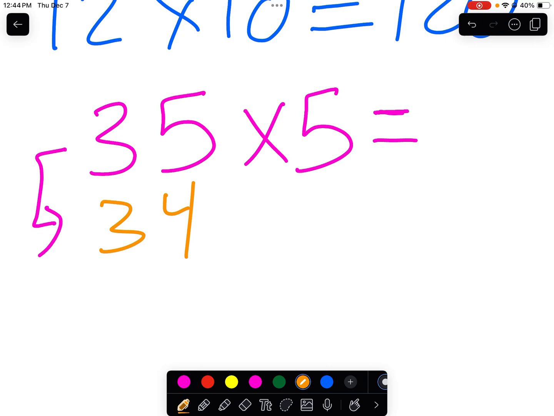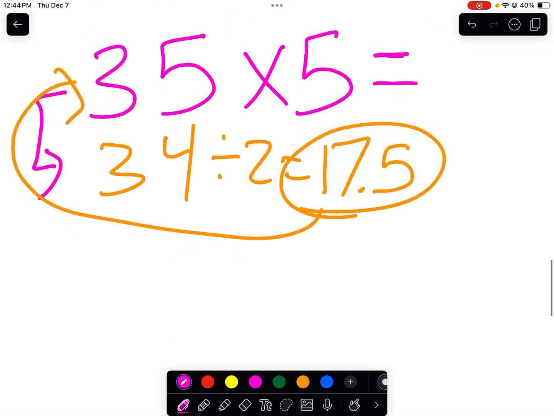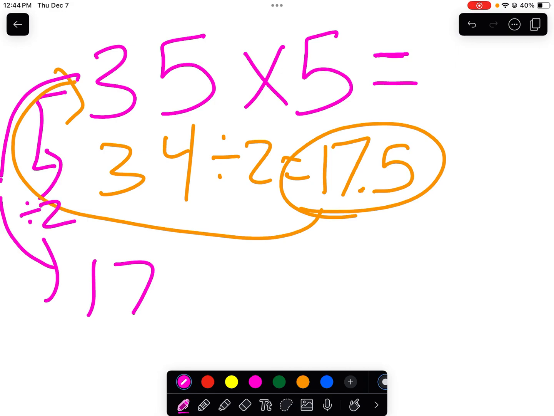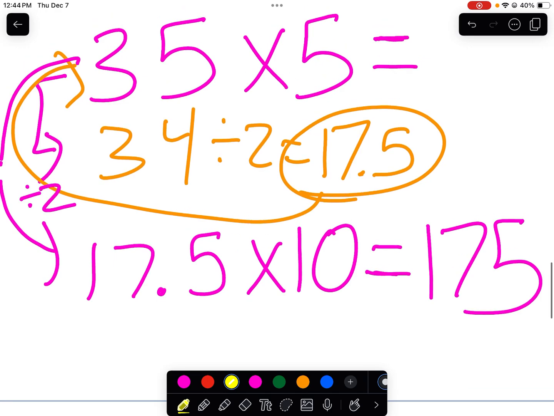Now, I happen to know that half of 34 is 17, but then I'm going to add a 0.5. So now I know half of 35 is 17.5. So now I'm going to take half of 35, which is 17.5, and I'm just going to multiply that by 10, and that gives me 175, and there's my answer.